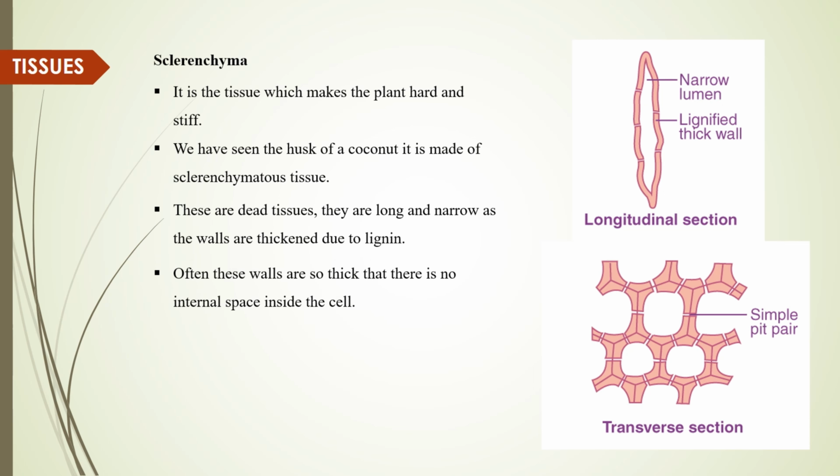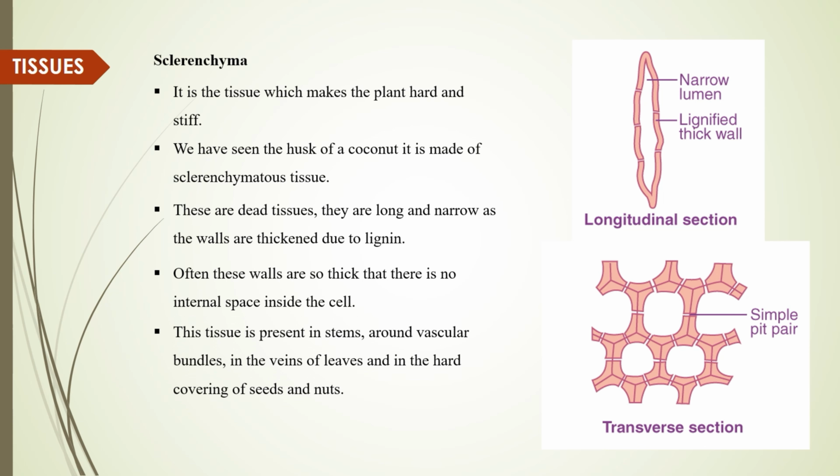Often these walls are so thick that there is no internal space inside the cell. This tissue is present in stems, around vascular bundles, in the veins of leaves, and in the hard covering of seeds and nuts. It provides strength to the plant parts.